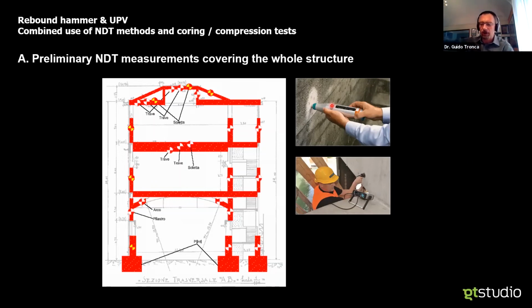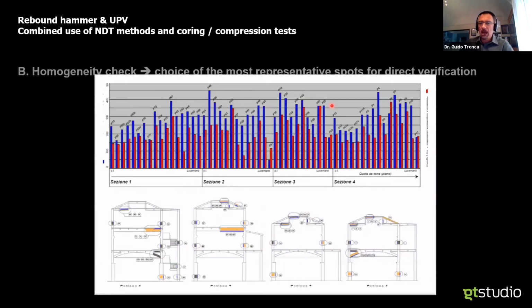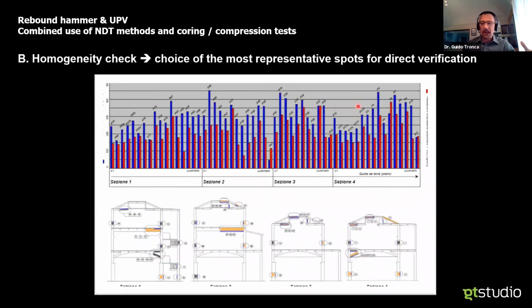And let's leave the coring machine on the truck for now. Now, once I collected enough data, I have the reasons to decide, okay, today in this building, in this hospital, in this structure, I will extract, let's say, 5 cores. But now I'm no longer blind.